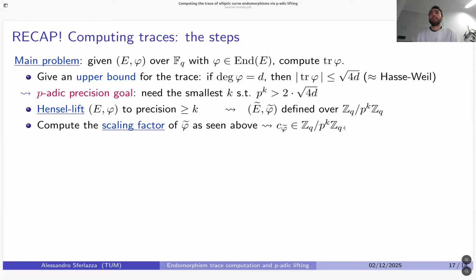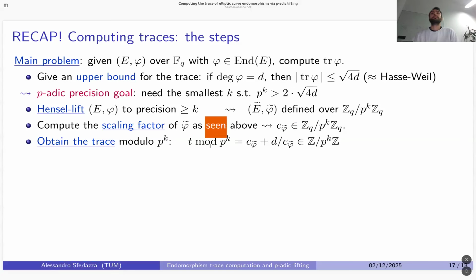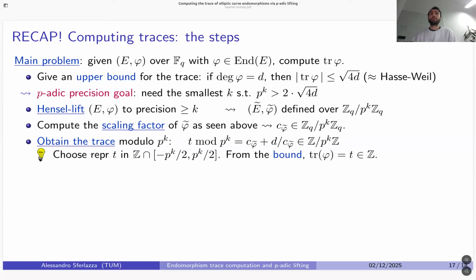And that's basically almost the solution, because then given this number plus d divided by this number, we get the trace modulo p to the k. We can imagine its representative to be centered around 0.